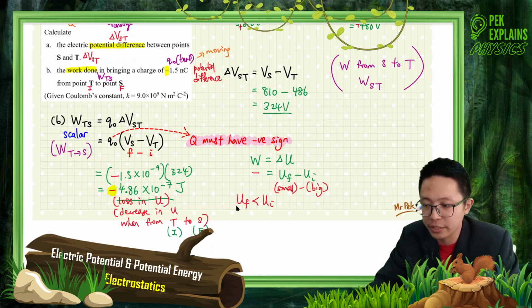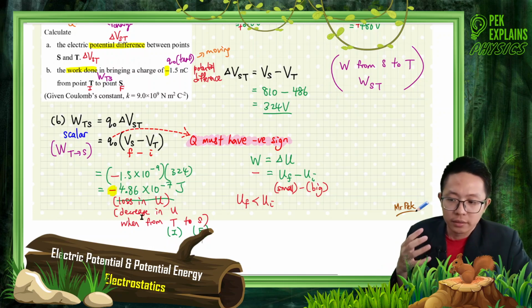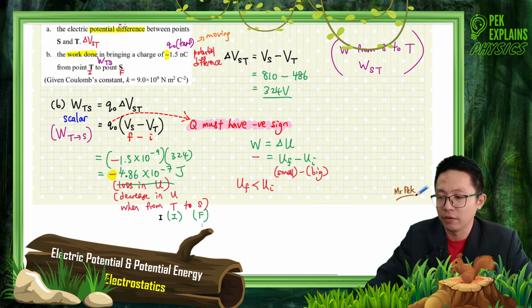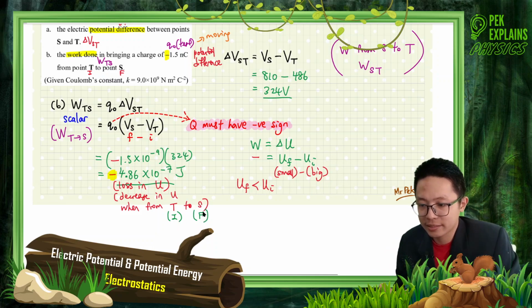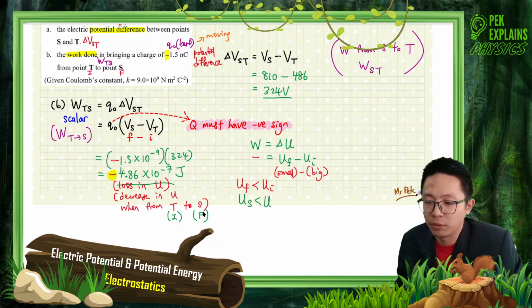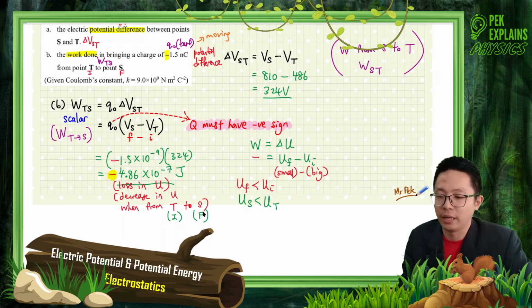There's a loss in electric potential energy for the test charge to move from T to S. So S has a lower potential energy compared to the initial, which is T. There is a decrease in electric potential energy when moving from T to S. S has a lower electric potential energy compared to the initial T.